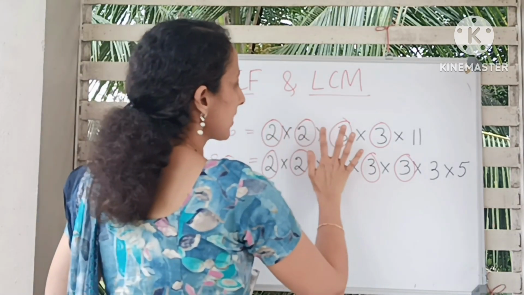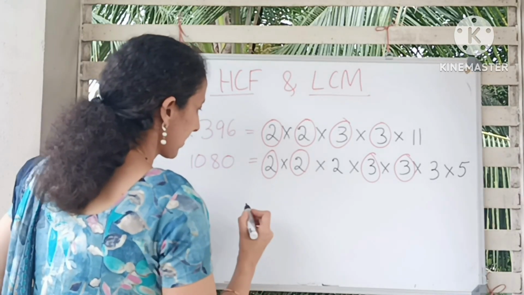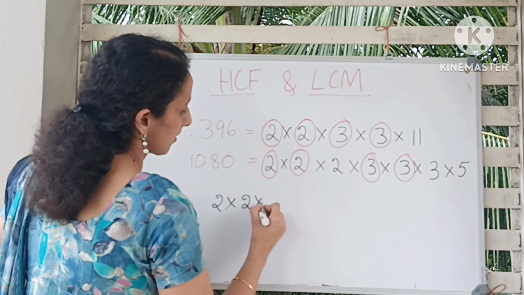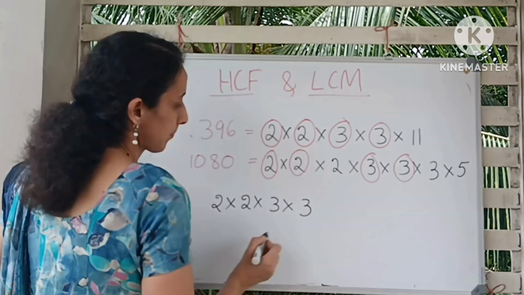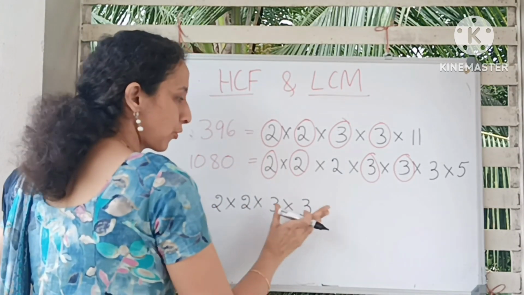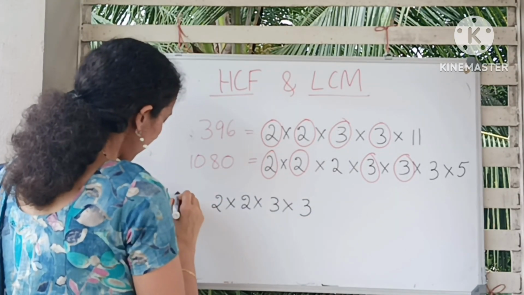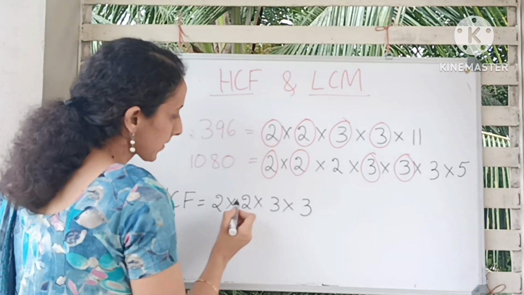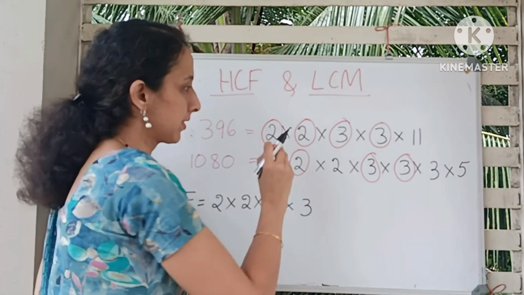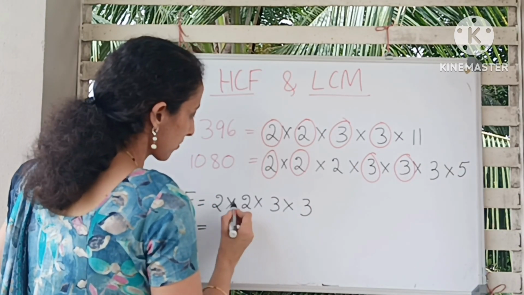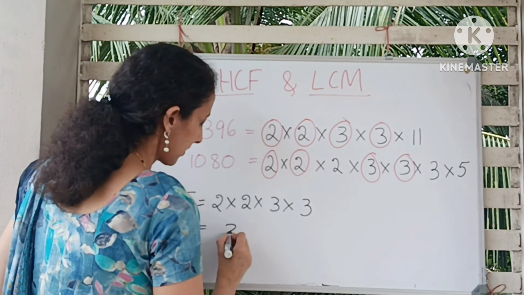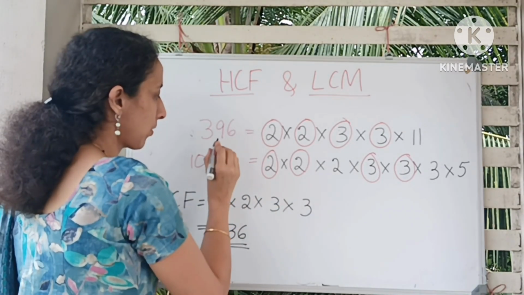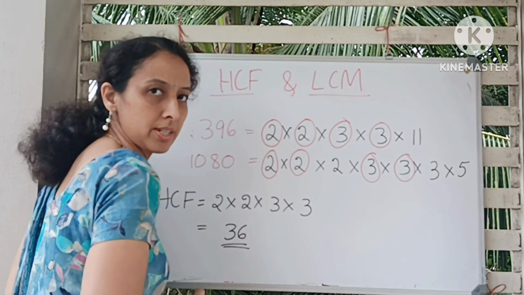Let us write these common ones here. 2 into 2 into 3 into 3. This forms the HCF of these two numbers. So HCF is given by the product of the common factors. This is 2 into 2 into 3 into 3, that is 36, the highest common factor of 396 and 1080.